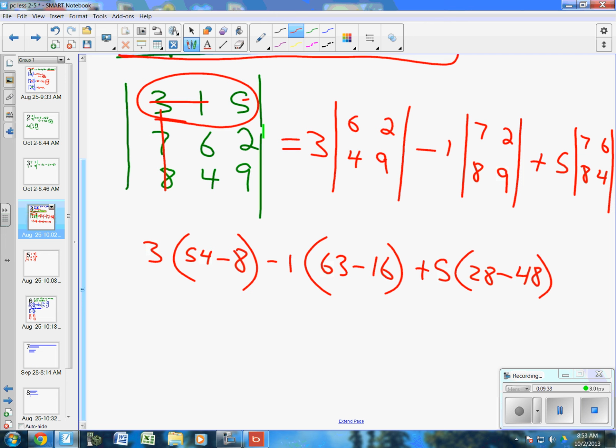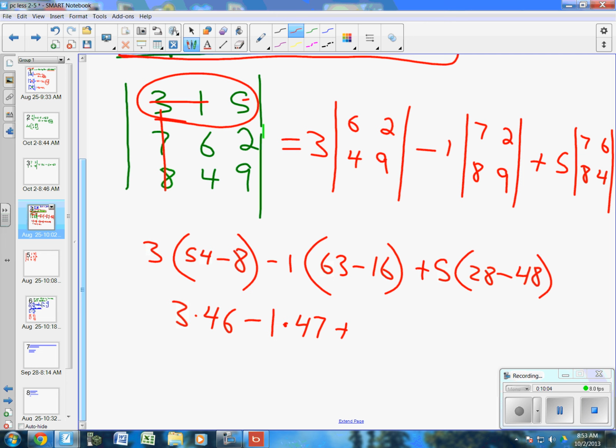Remember, addition and subtraction first inside the parentheses. So 54 minus 8, 46. So 3 times 46. And then 63 minus 16 is what? 47. So minus 1 times 47 plus, what's 28 minus 48?